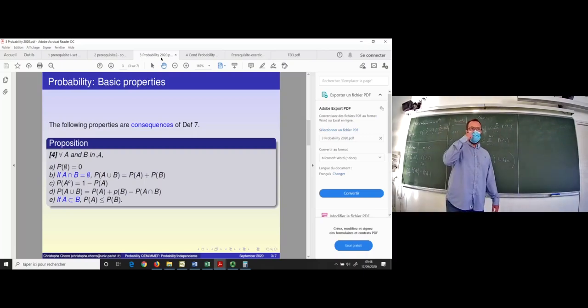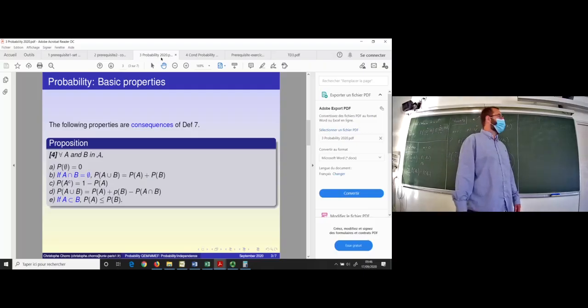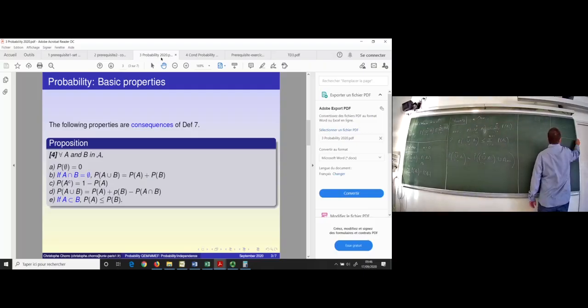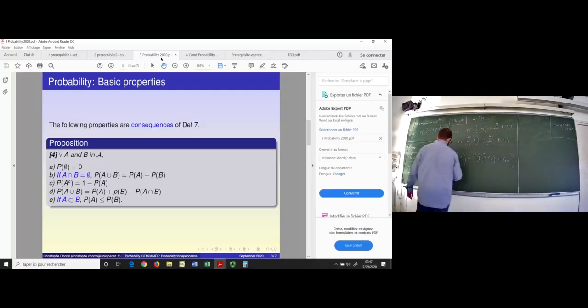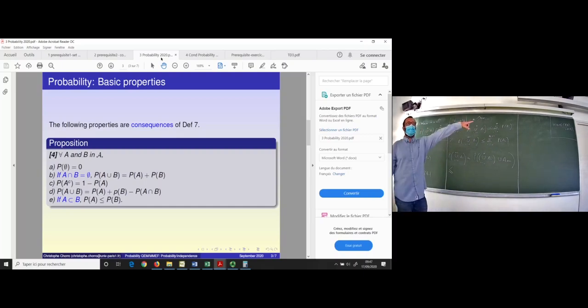So the probability of the union is equal to the sum minus a positive number, implying that for two sets, the probability of the union is less than the sum of the probabilities because of point d. And so I can apply my result to this situation. I have two sets here, this union and this one, and using what I have written on the top of the board, I can write it this way.